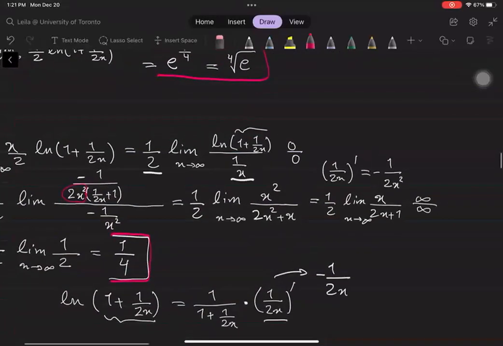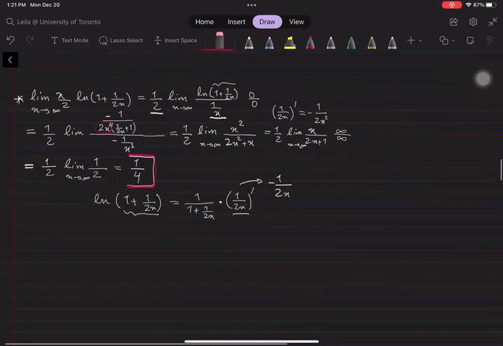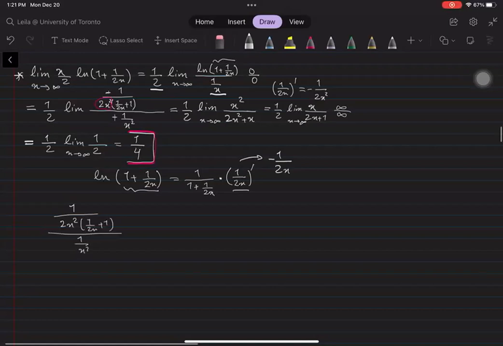Oh, so for this part, okay. Wait, let me just go down 2 lines below, right? The negative signs get canceled together, right? And then you have 1 over 2x plus 1 divided by 1 over x squared.